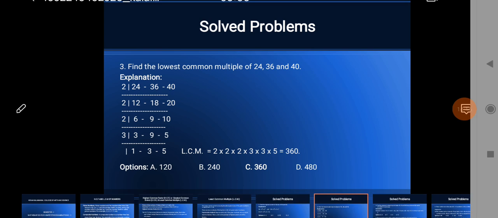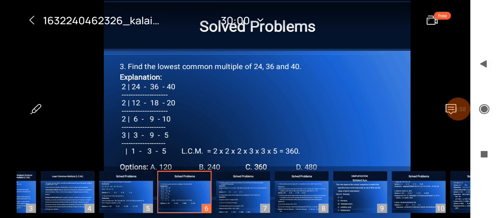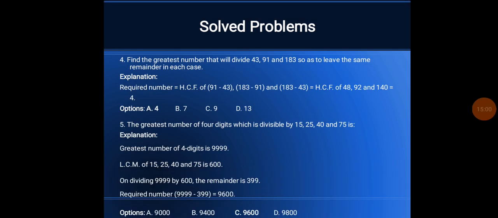Okay, the next sum is: find the greatest number that will divide 43, 91 and 183 so as to leave the same remainder in each case. Okay, first we find the greatest number, so the highest common factor of these numbers, and it gives the same remainder.